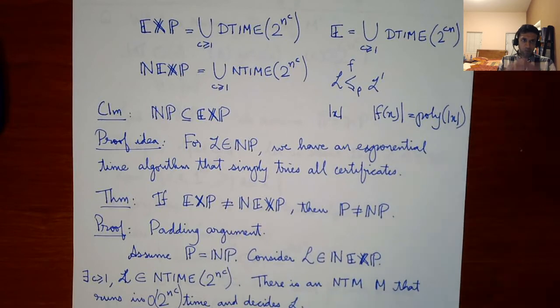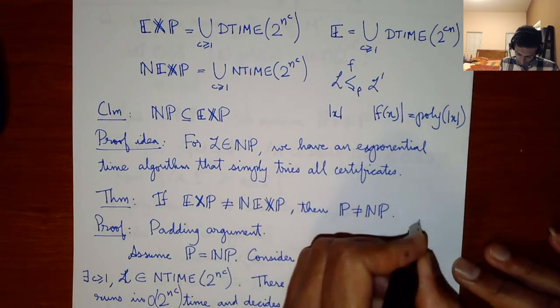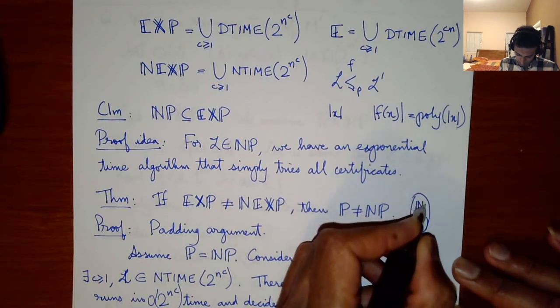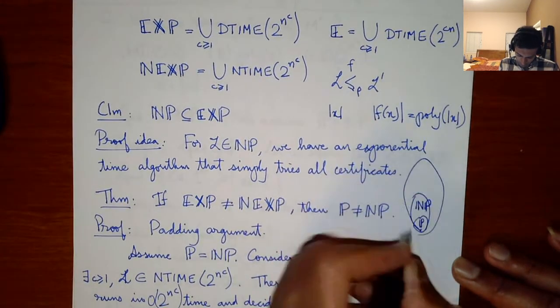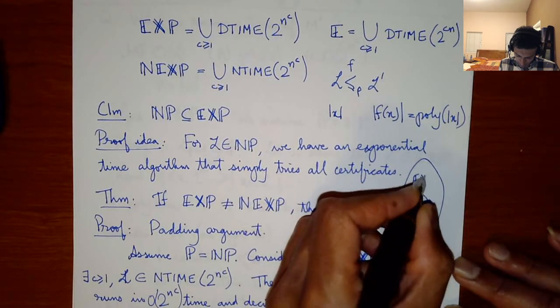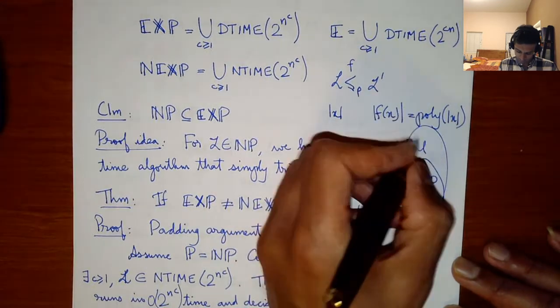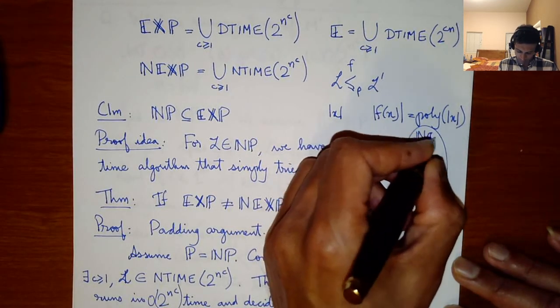What could happen is that maybe within EXP, P is not equal to NP. Maybe the picture is you have P and then you have NP here, and then you have EXP over here, and then you have NEXP over here.